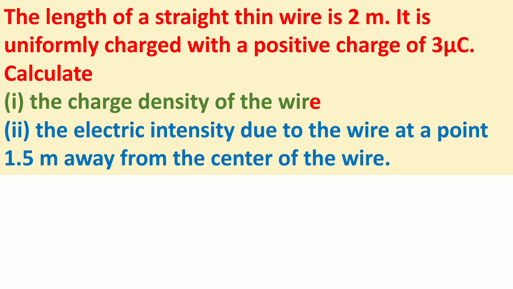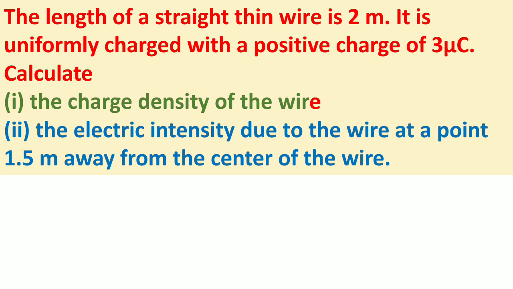So here we have to calculate two things, and we have been given that the length of the thin wire is 2 meter, uniformly charged with a positive charge of 3 microcoulomb. So let's start solving this numerical.